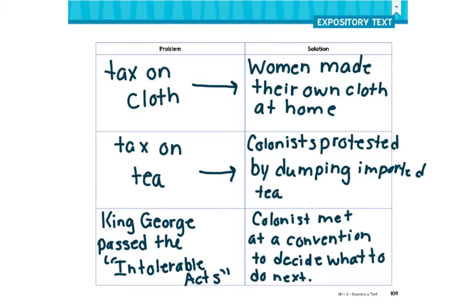And then, as a result of this, King George passed the Intolerable Acts. And the solution to this new problem is that colonists met at a convention to decide what to do next. So these problem and solution relationships are related throughout the whole story and are shaping what is happening.